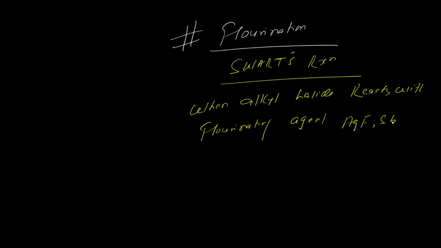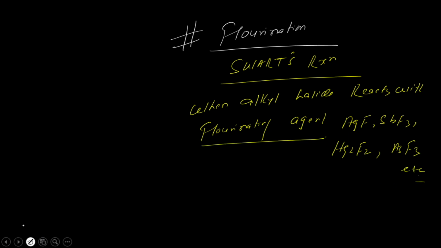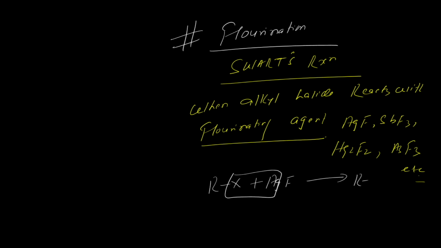We can use antimony fluoride, mercurous fluoride Hg2F2, and you can also use arsenic fluoride. Any one of these can be used as a fluorinating agent. So how will the reaction proceed? RX plus AgF gives RF, the alkyl fluoride, plus AgX.